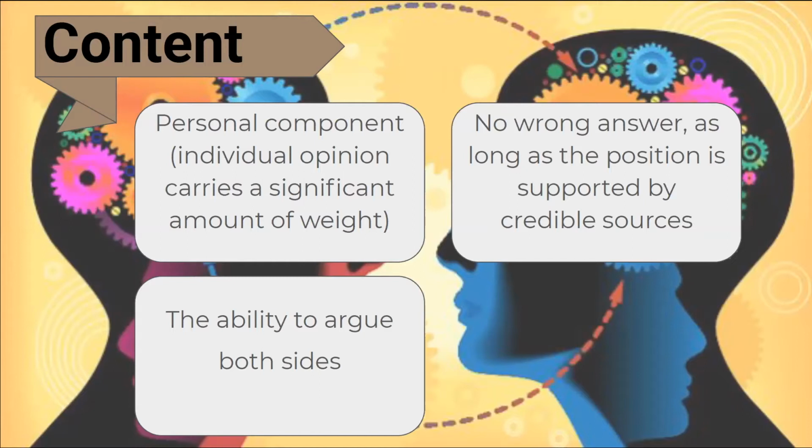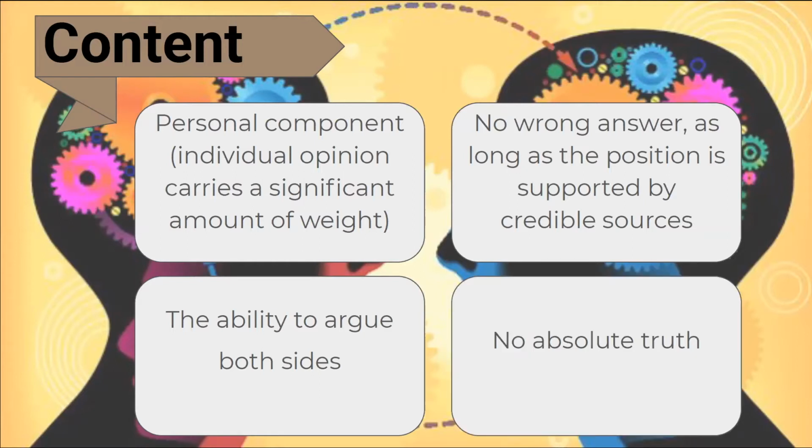Right? A lot will depend on the kinds of sources that your argument is based on. This leads to the last point, namely that there is no absolute truth in the arts or in the humanities themselves. Of course, there are preferences, but there's no, as you might have in the sciences, truth or axioms that cannot be falsified because they're true.